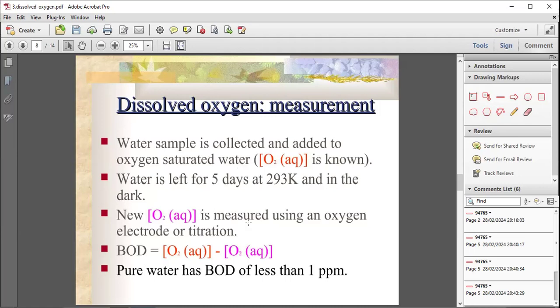Now O2 aqueous is measured using an oxygen electrode. Pure water has BOD less than 1 ppm. What's the meaning? 1 ppm per day means.